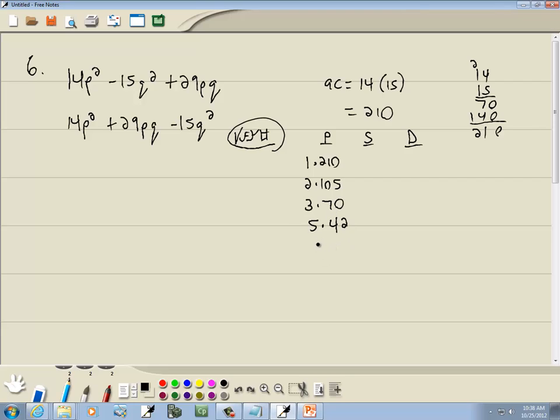And then 6. 18, yeah, 6. So it goes into 21 3 times. That's 18. That gives me 30, which gives me 5. 7, definitely. 7 times 30. Now I know 35 minus 6 is my 29.